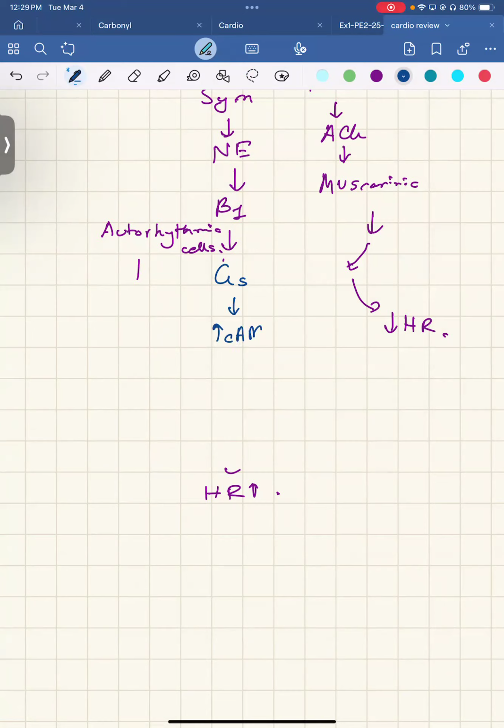Yeah. So this increase in cAMP can interact with the funny channels that you have learned about. So that makes an action potential easier, so that makes heart rate higher.